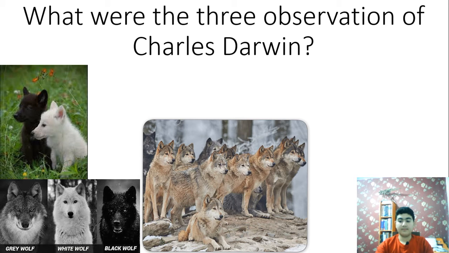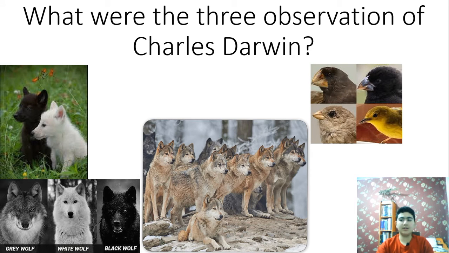The third observation is that species are generally suited to their environment, or in other words, they are adapted to their circumstances. For example, birds that eat hard-shelled nuts or seeds mostly have big, strong beaks, as you can see over here, but those birds that eat little insects have slimmer beaks.